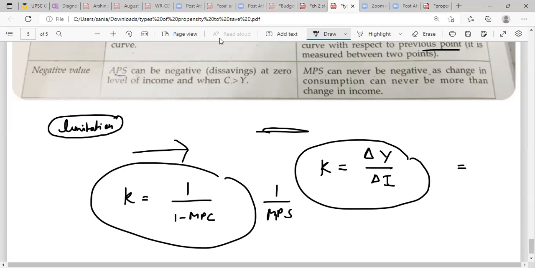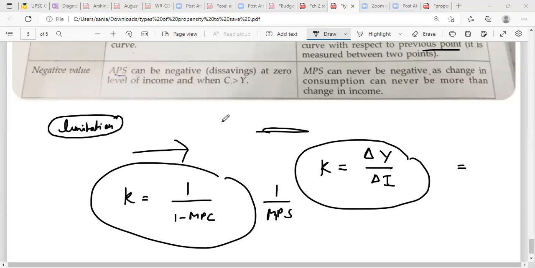Halima, what does K stand for? K is basically the investment multiplier. We'll be doing this after this chapter. We haven't covered this K right now. That was the credit multiplier, the money multiplier we did.